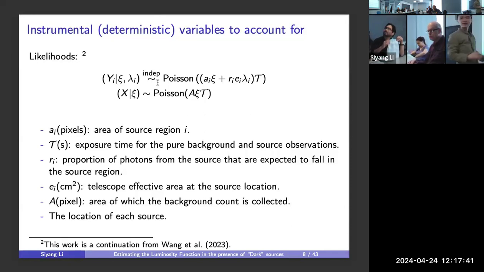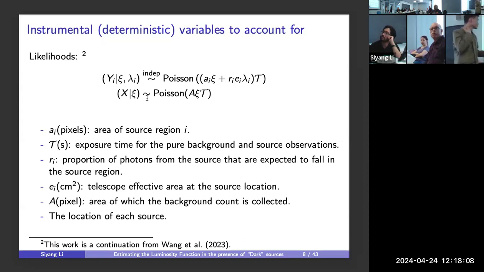The third one is the proportion of photons from the source that we expect to fall inside the source region. The fourth is the telescope effective area at the source location, and also the area of the backgrounds that we look at. And finally, we assume that the location of each source is known.